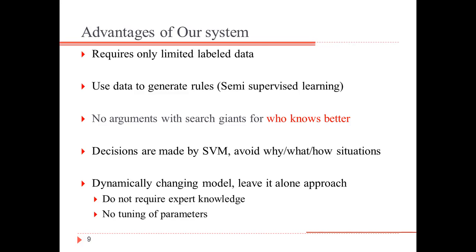Third advantage, or more importantly, our model changes dynamically. For example, fraudsters come up with different types of attacks to go undetected. For each such attack, click fraud experts have to design a new rule. This is a tedious and a never-ending process. But with SVM, we can leave it alone to adjust to new situations.